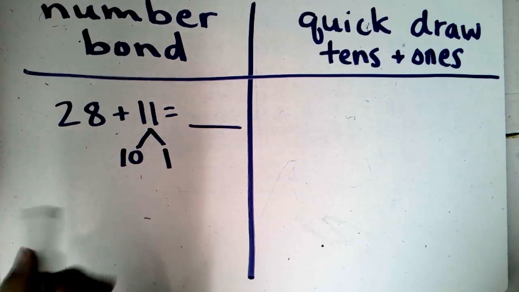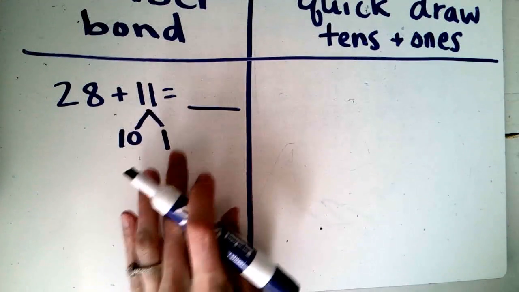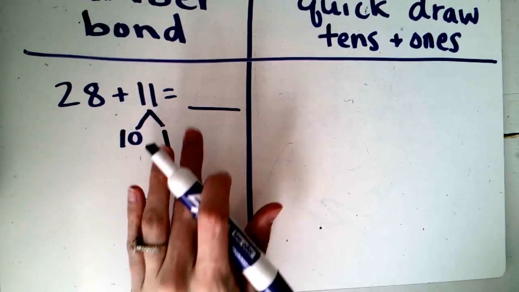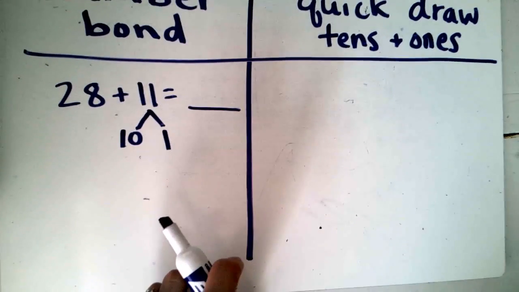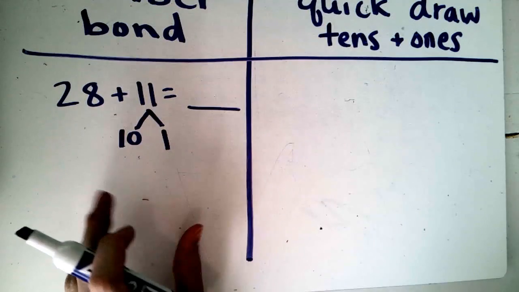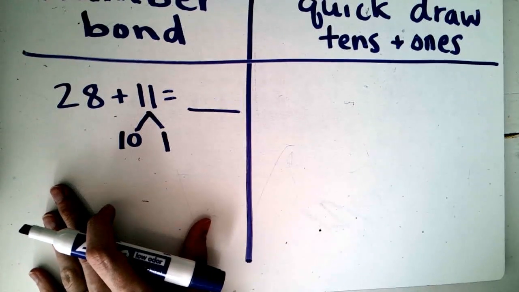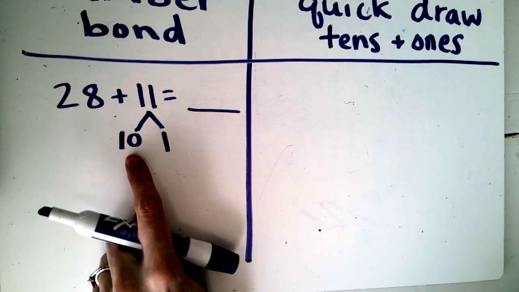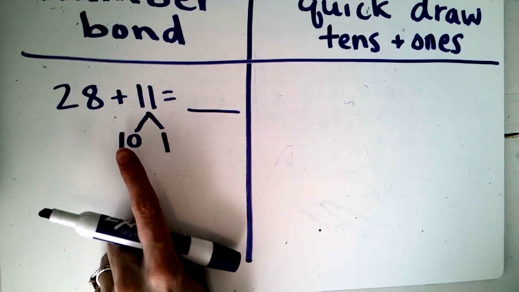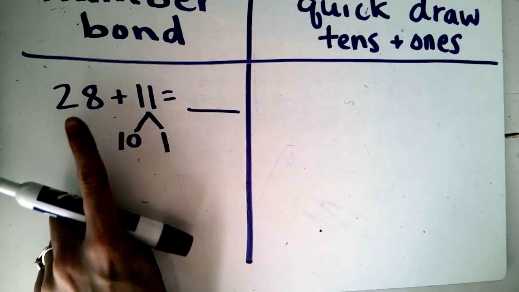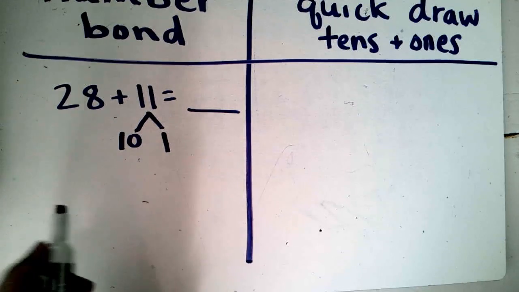There's our number bond. Now, this is not the whole strategy. You cannot show this in your work and expect to be all done. Okay, you then have to write those number sentences that go with it. Remember, we pull this 10 out to help us quickly add 10 to our other number. So let's go ahead and do that.